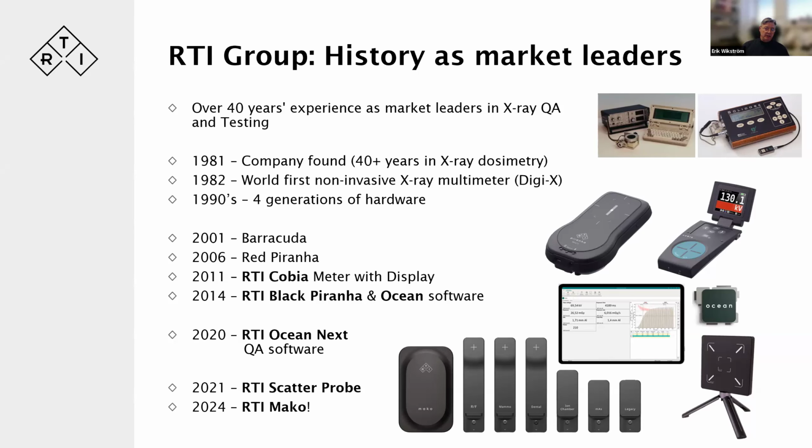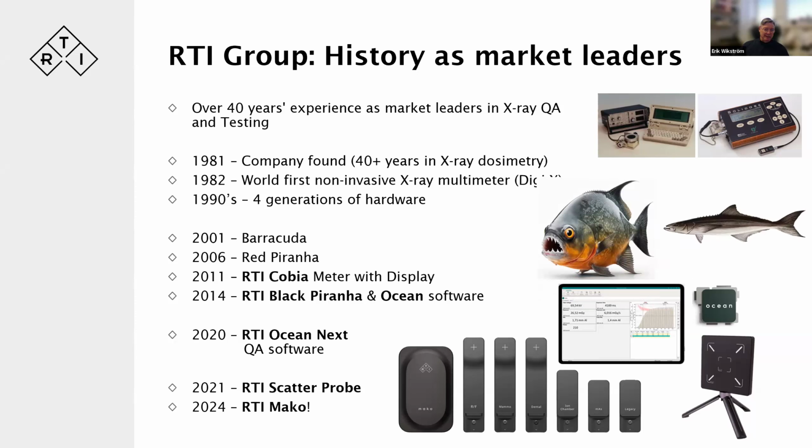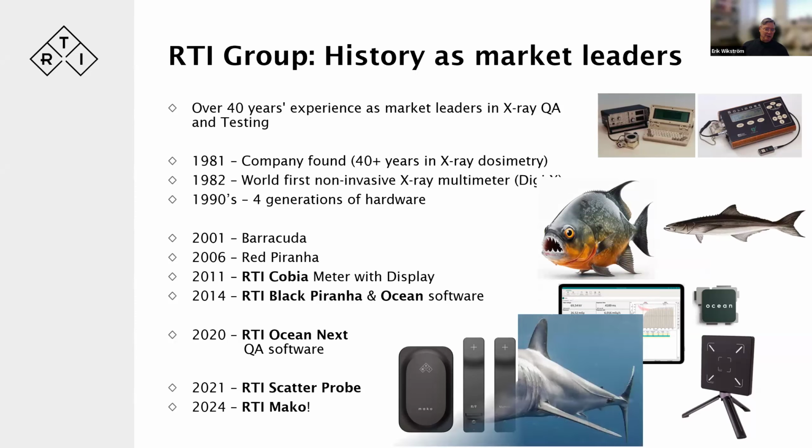And we're not stopping there. We do have more things in the pipeline for us. You may wonder why we're calling them strange names like Piranha. We have the Cobia, we have the Maaño, and they're all fish.